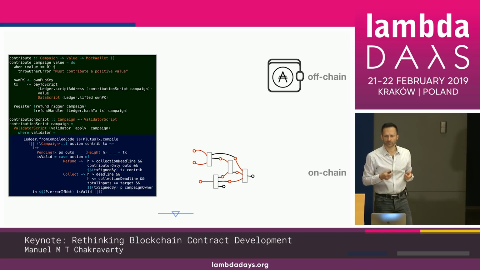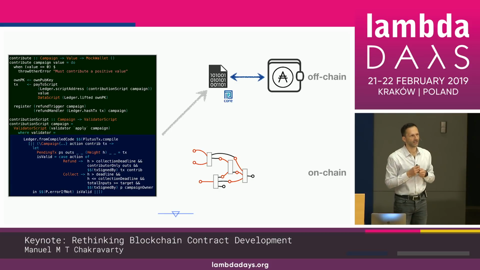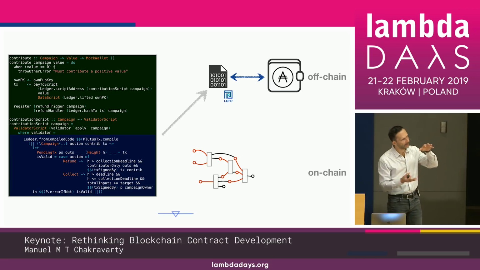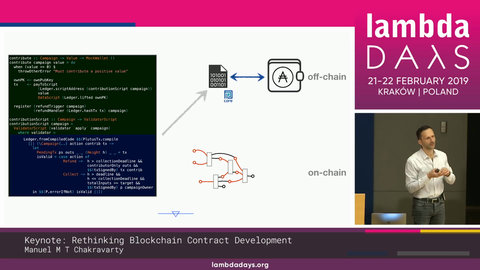Then you use GHC with our libraries and plugins. And this compiles into off-chain code, which may be in JavaScript or WebAssembly or something that's cross-platform, and it embeds the Plutus Core code in a serialized form that has been generated by our compiler.